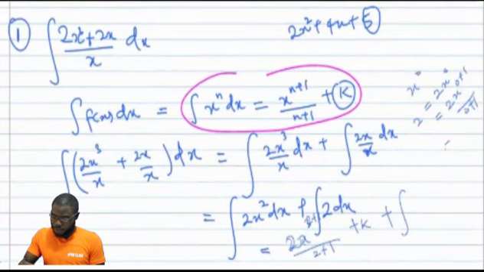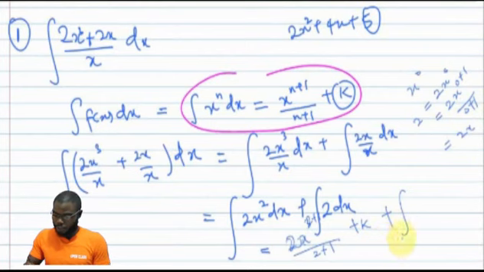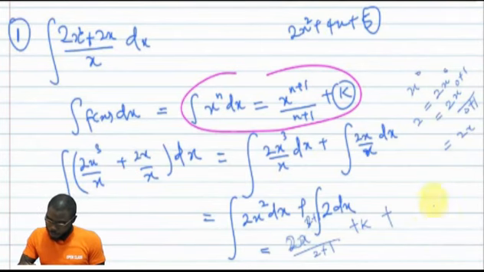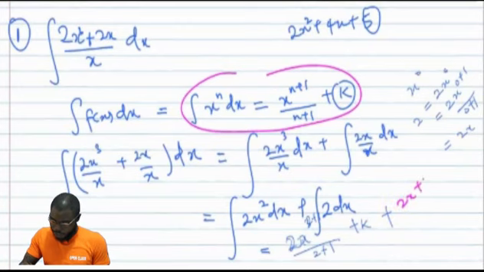So this invariably gives us 0 plus 1 is 1, so 2x over 1, which is 2x. So now if we integrate that, we have the solution to be equal to 2x plus k.